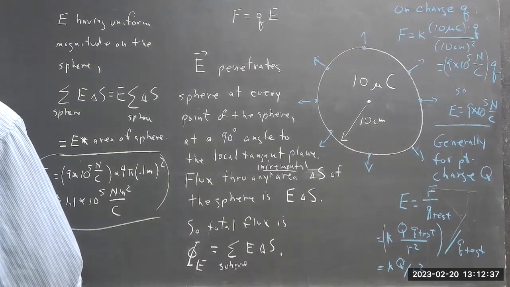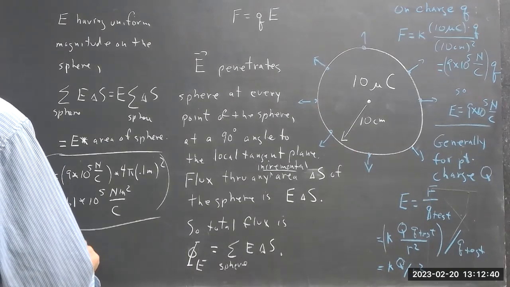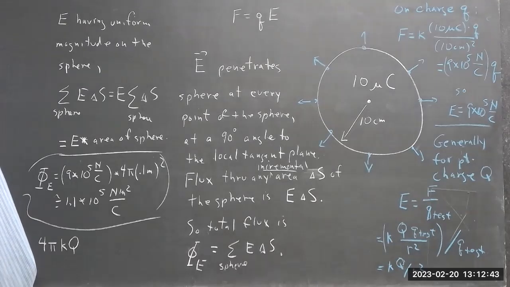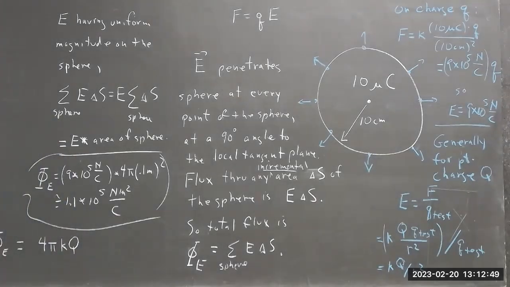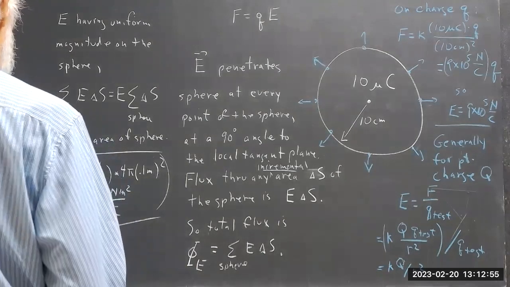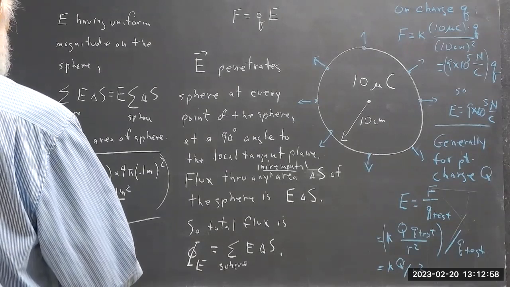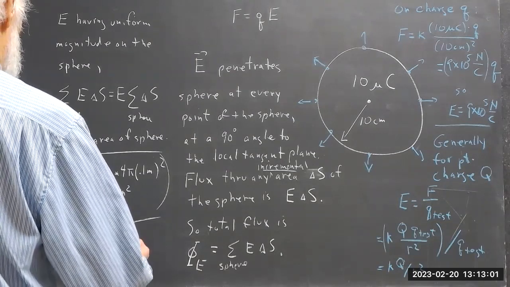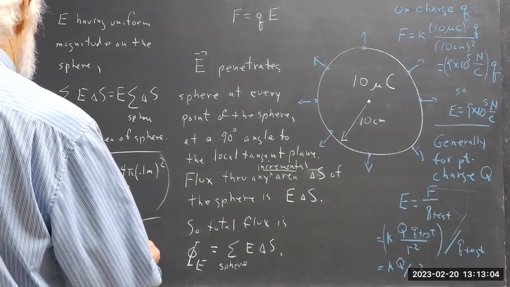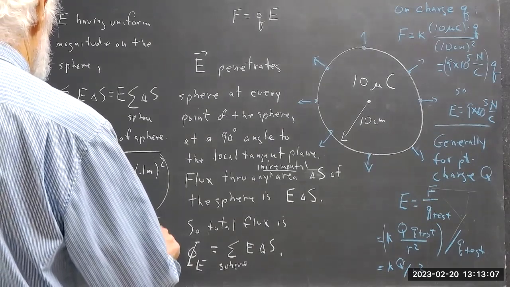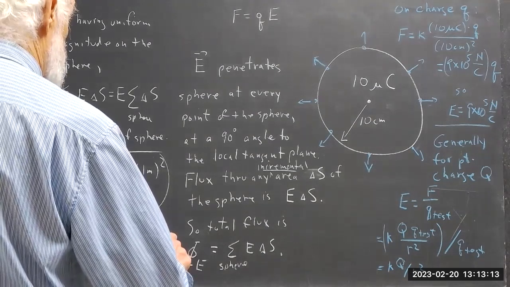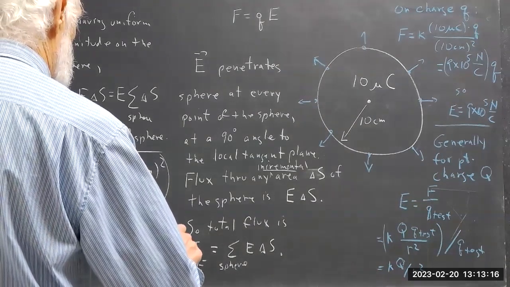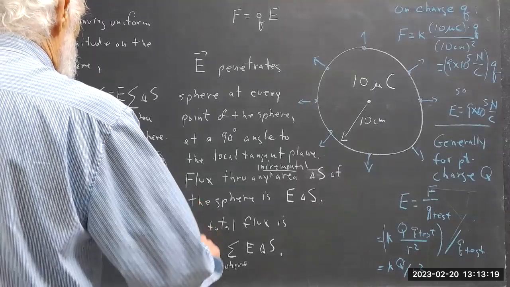Well, let's compare that with what it should be. It should be 4 pi kQ.